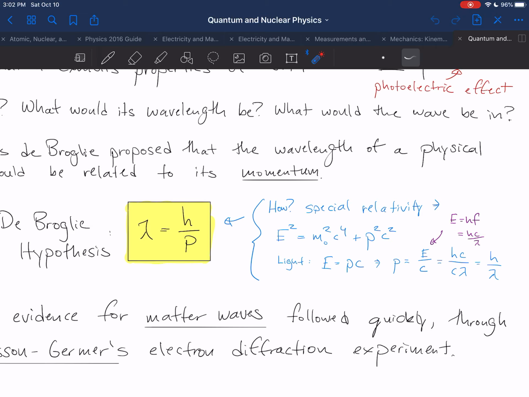As a quick reminder, this relates the energy of a particle to its rest mass and its momentum. If a particle is not moving, the momentum is 0, and that gives this bit, which just says E equals m naught c squared. So for a non-moving particle, the energy is equal to the rest mass times c squared.